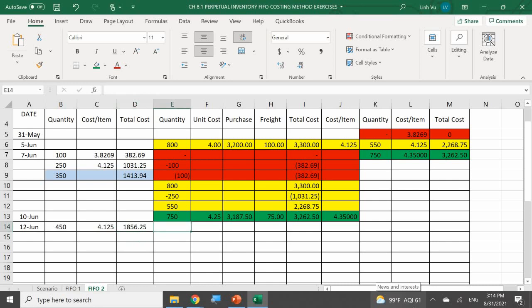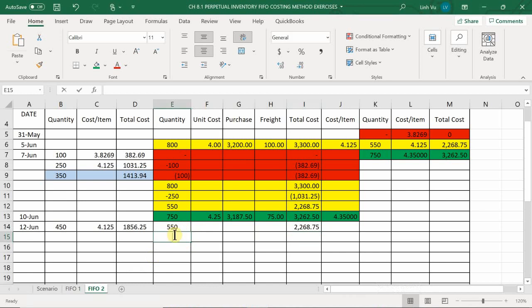1,856.25. And so therefore, I'm going to take my yellow batch of the 550 at 2268.75, and I'm going to go ahead and eliminate that 450.